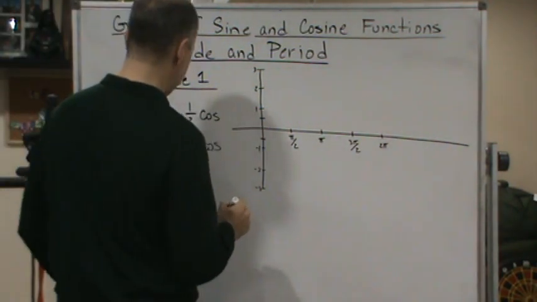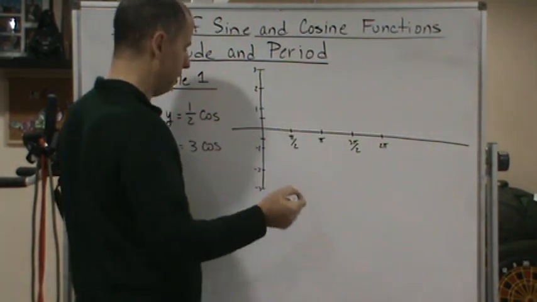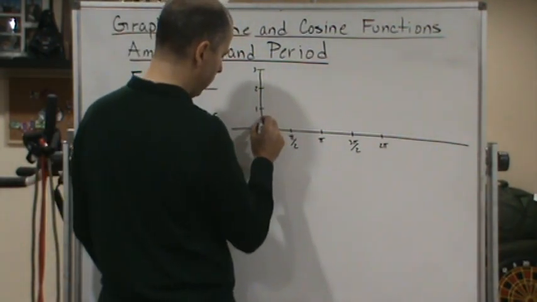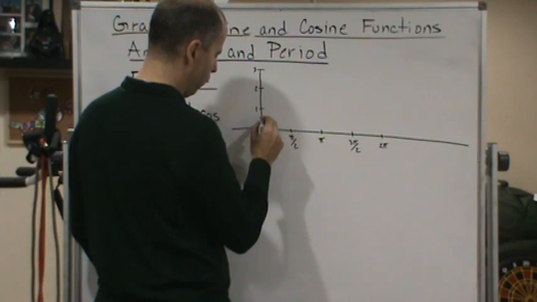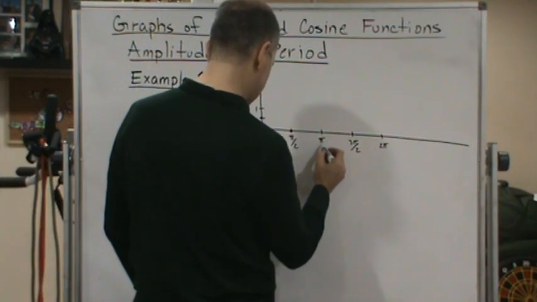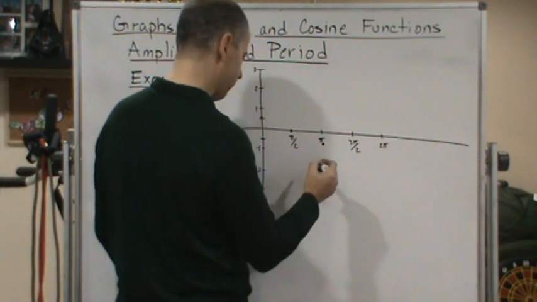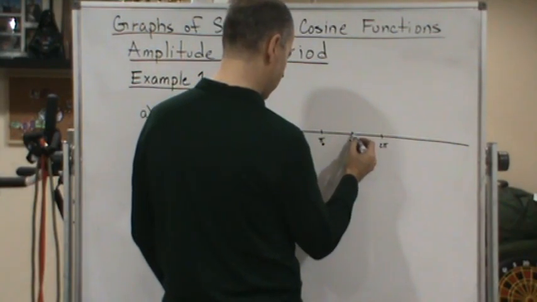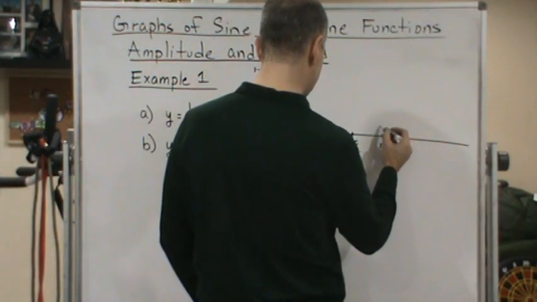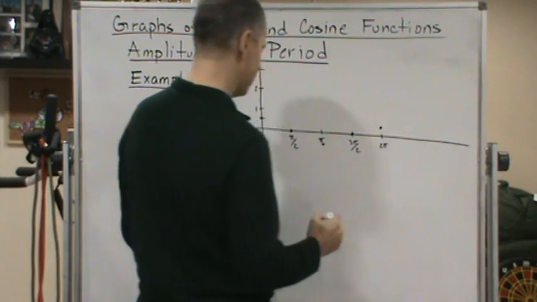Now I'm going to plot my points, because I know how it behaves. I go from the maximum value, positive 1/2, down to 0, down to negative a half, back up to 0, and then up to positive a half.